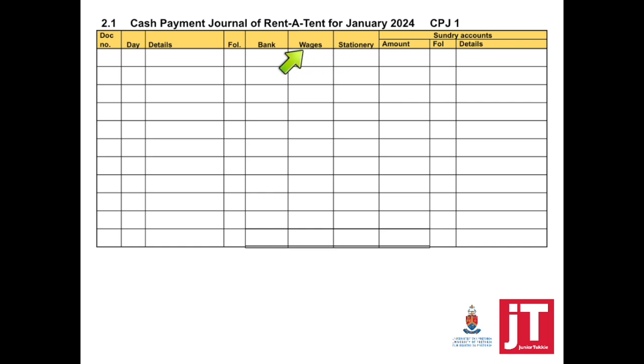If there isn't a money column open, it goes under sundry accounts. Money columns will be open and they will tell you which ones to open, or it will be given to you for things that happen often during the month. Things that don't happen often go under sundry accounts.